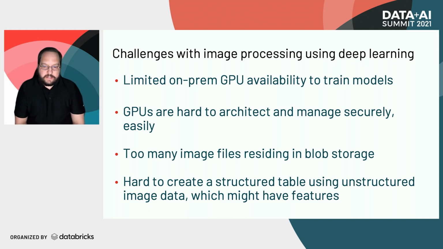And then it's hard to create a structured table using unstructured image data alongside features. So oftentimes it gets overly complex to build and run with images because you're having to assemble that from file. With this technique, it'll all be a nice, tidy table, a lot less confusion and potential bugs, really, and then still be able to process and treat them as images when you need to.